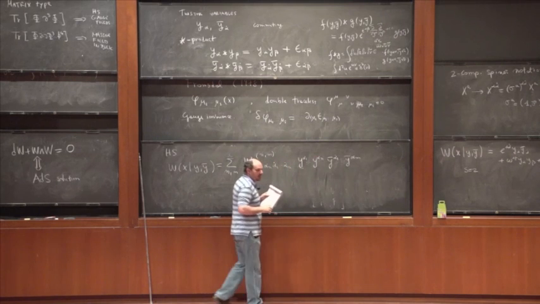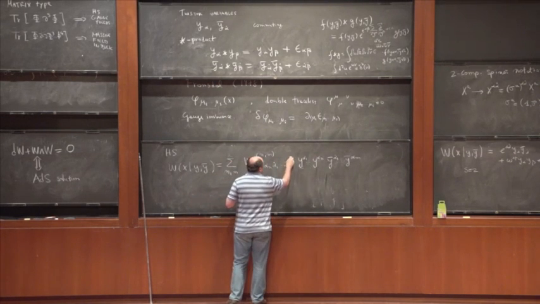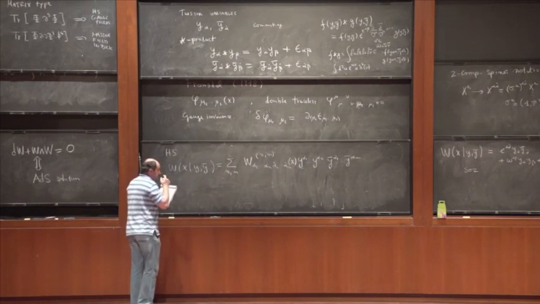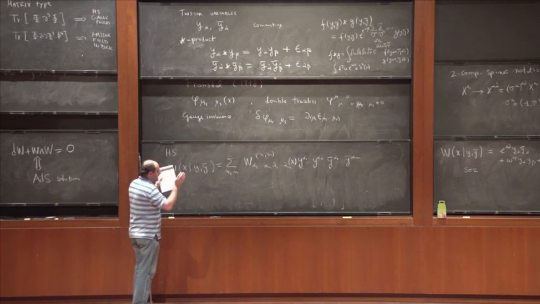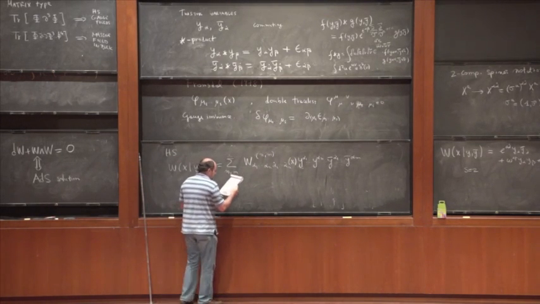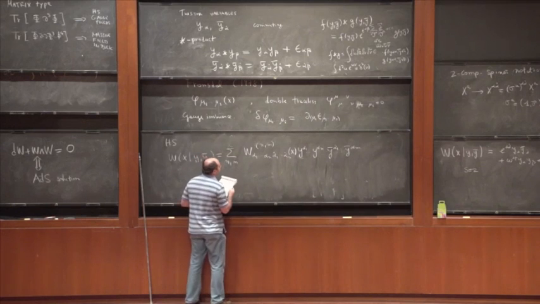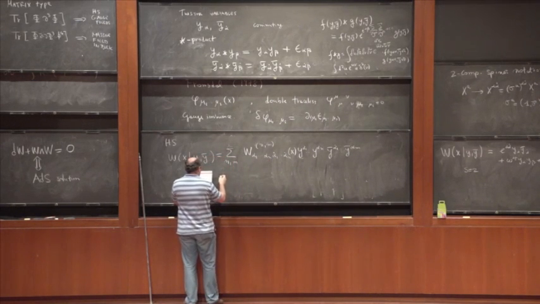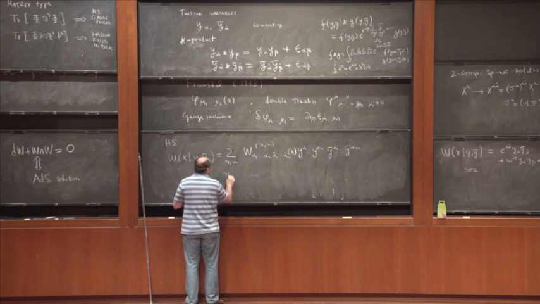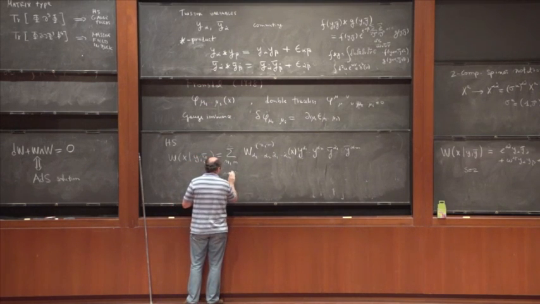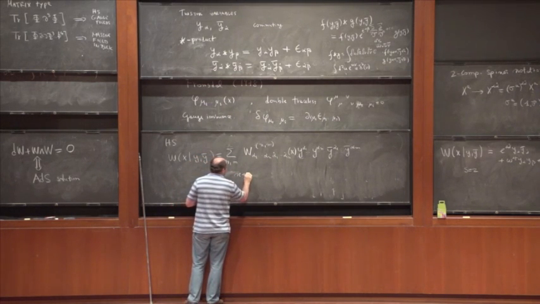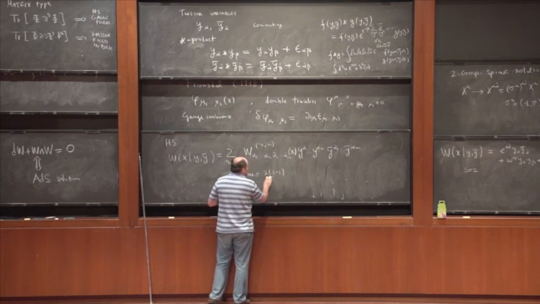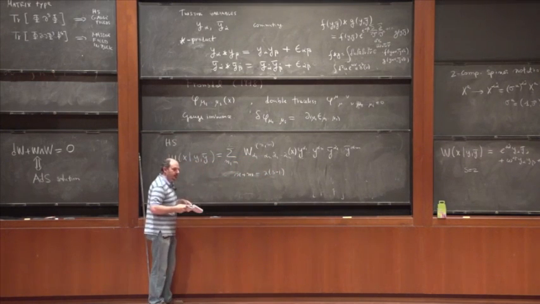So we have this expansion, and these coefficients are fields, functions of x. The bilinear part should just be gravity, and in general, the term with n plus m equal to 2s minus 1 corresponds to a spin s field.